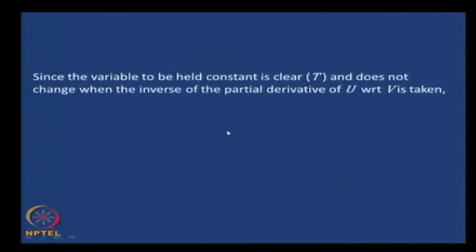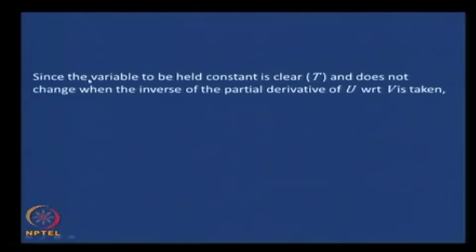Now, note this is a partial derivative, and when you take a partial derivative, some other variables are retained constant. When the variable to be retained constant is very clear and it does not change when you take the inverse, then you can write dou u dou v at constant t equals 1 by dou v dou u at constant t.